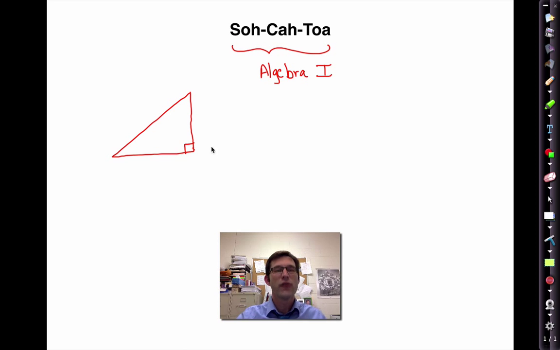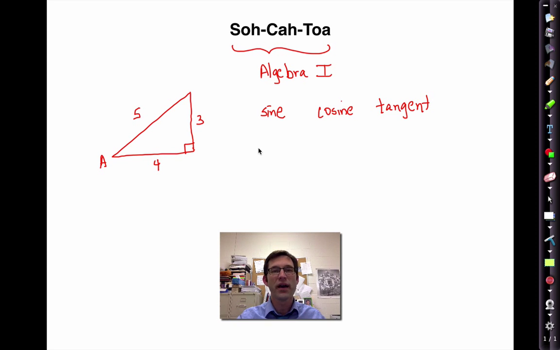okay, if we've got a right triangle and we've got some angle, we call it A, right? And let's say we had the classic 3, 4, 5 right triangle, something like this. Then we define these three trig functions, the sine, the cosine, and the tangent, by using ratios of sides of right triangles.